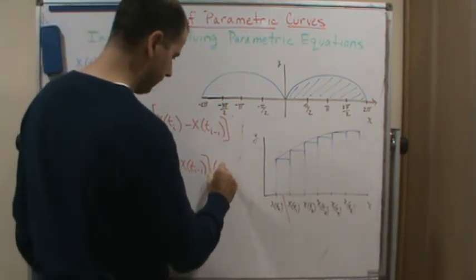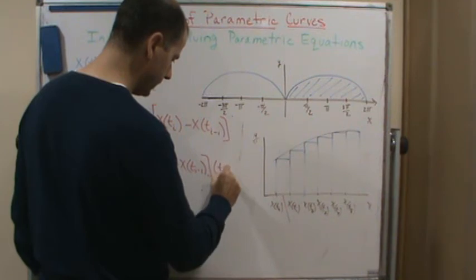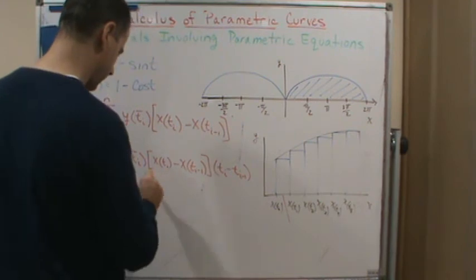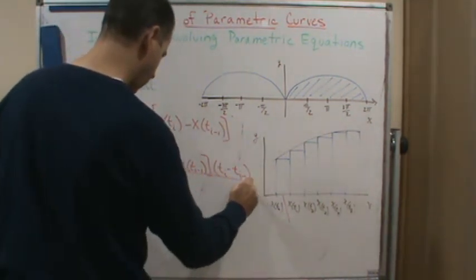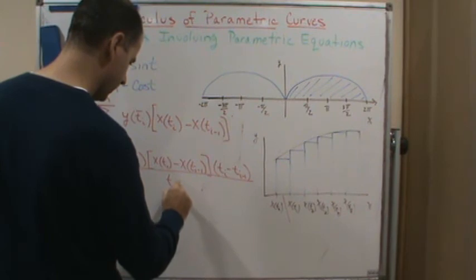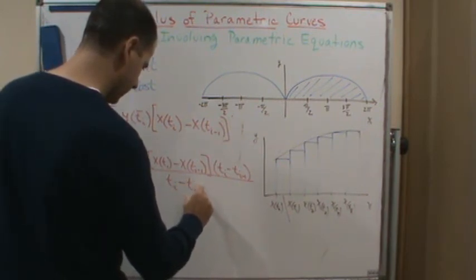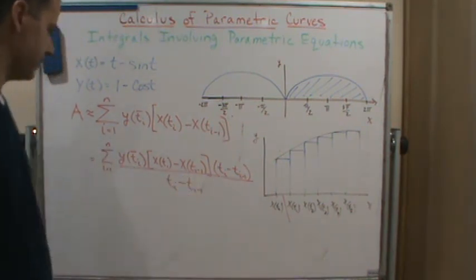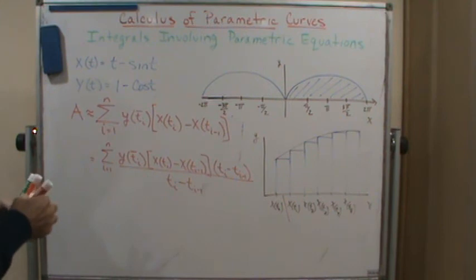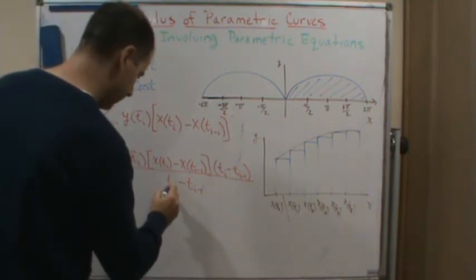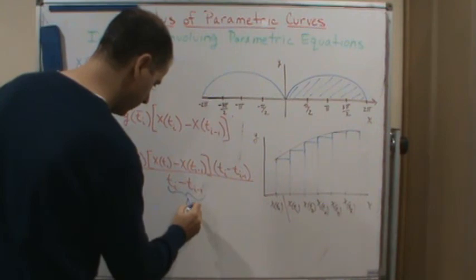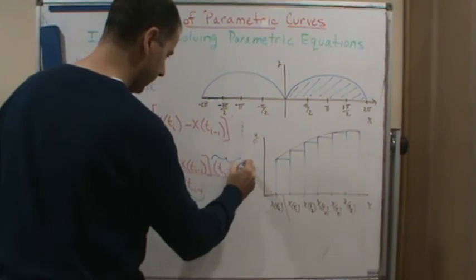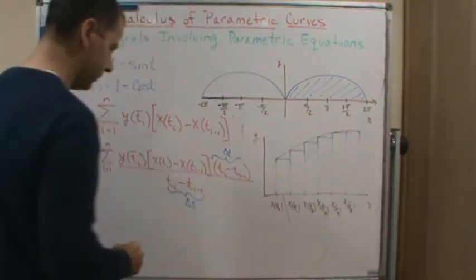So I'm going to multiply the top and bottom by t sub i minus t sub i minus 1 over t sub i minus t sub i minus 1. Okay, so all I did was multiply the top and the bottom by this, which is just delta t.